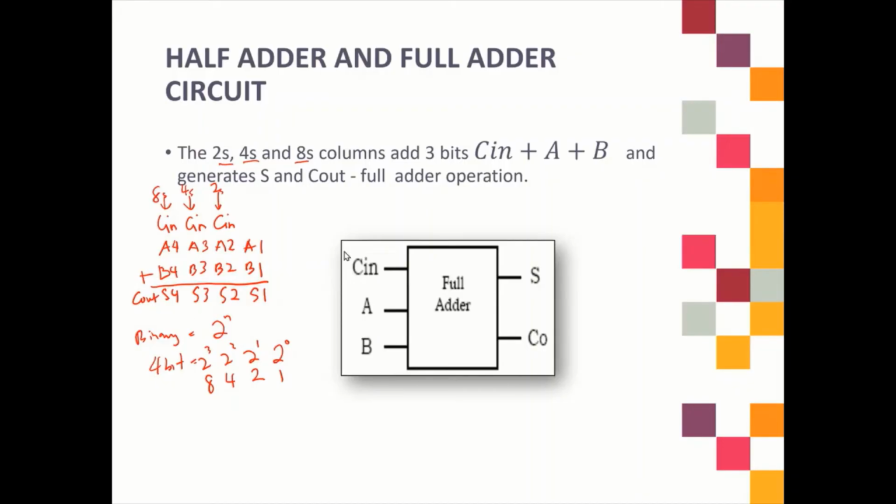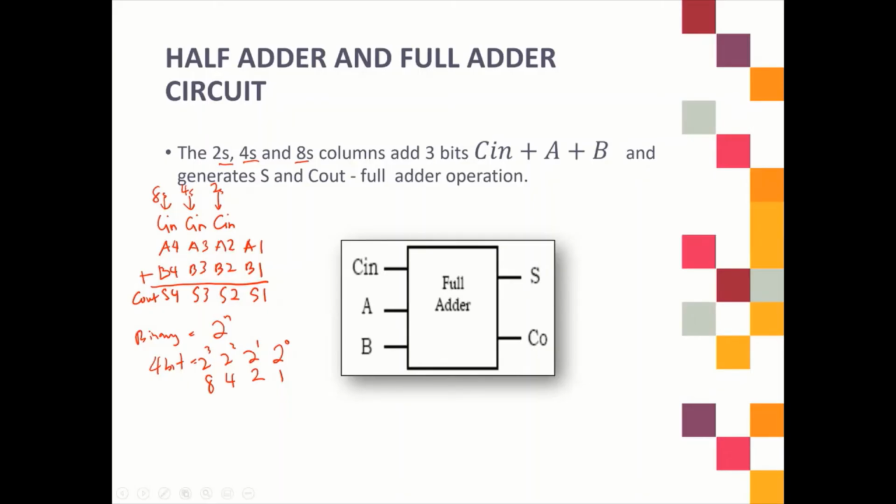That's why for the full adder diagram we need to have 3 inputs. Although the first column only has 2, for the next column we need to add the C in value. So we need 3 inputs for the full adder. The output is the same as the half adder.